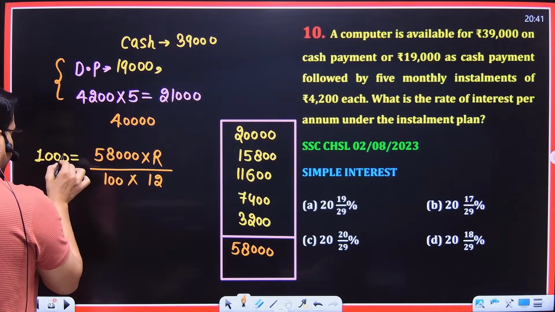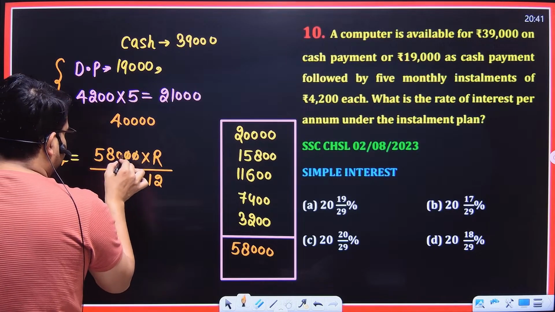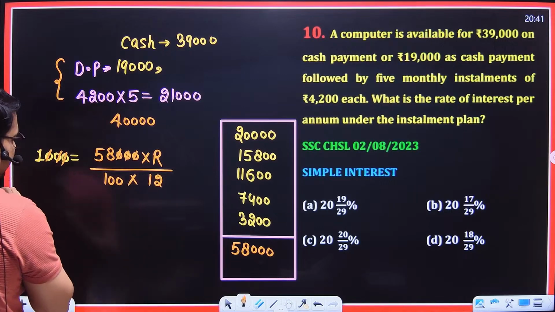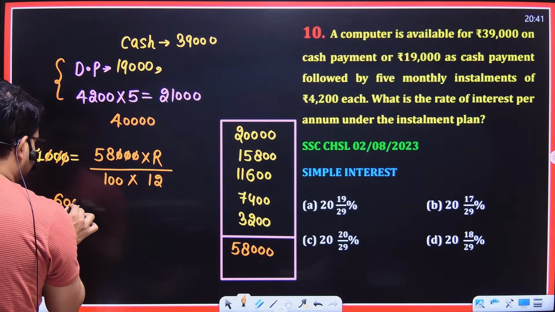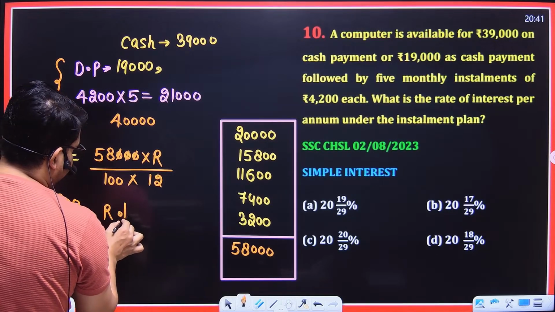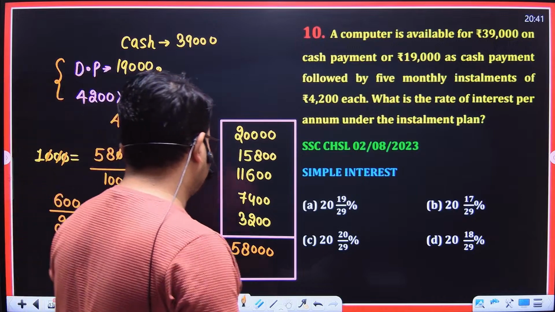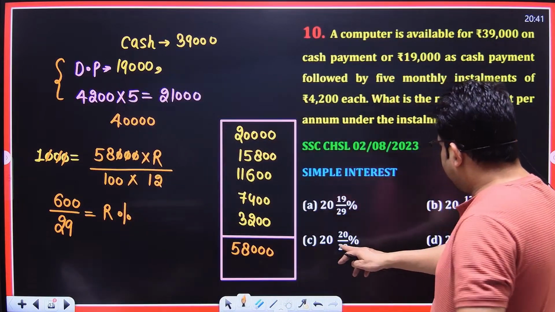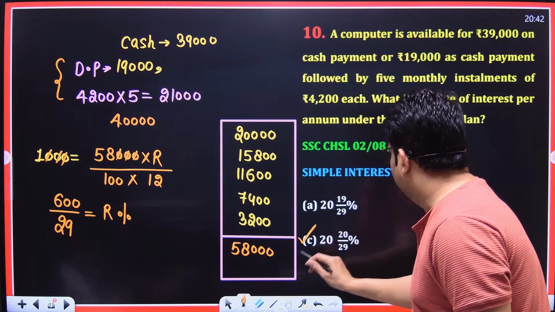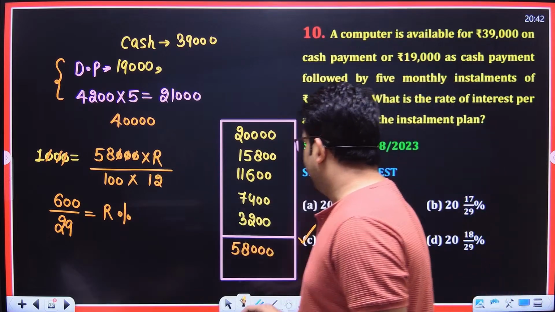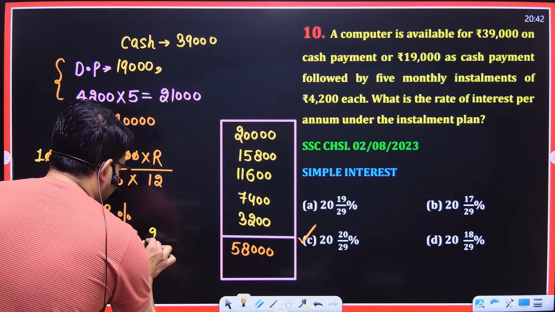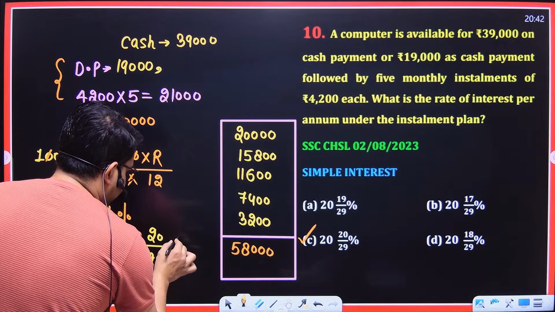So 1,200 upon 58, it means 600 upon 29 as our R percent. 600 upon 29, so we can write it as 20 and 20 upon 29%. This one is my answer.